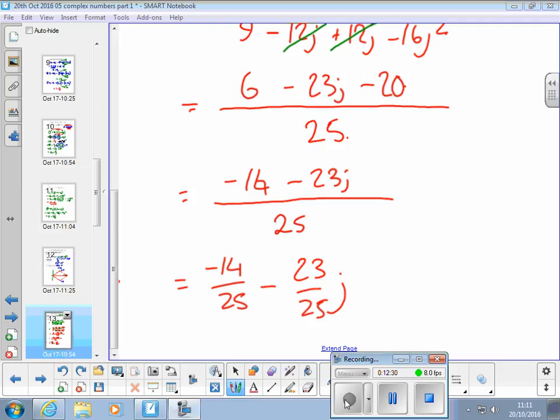Just on your calculator, minus 14 over 25 is minus 0.56, and minus 23 over 25.